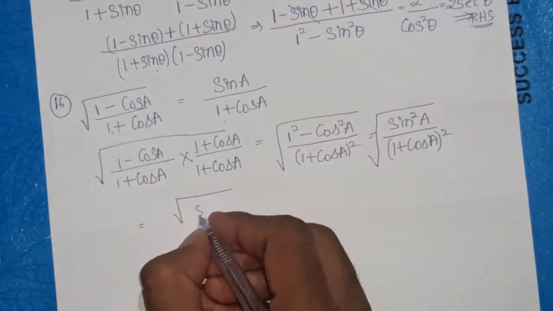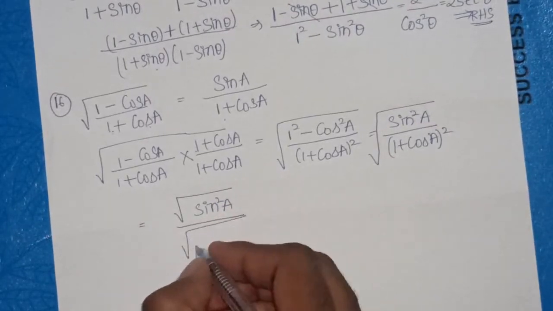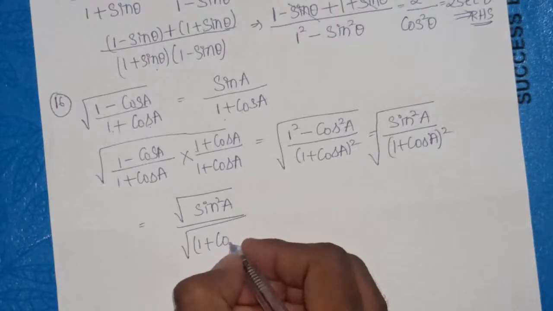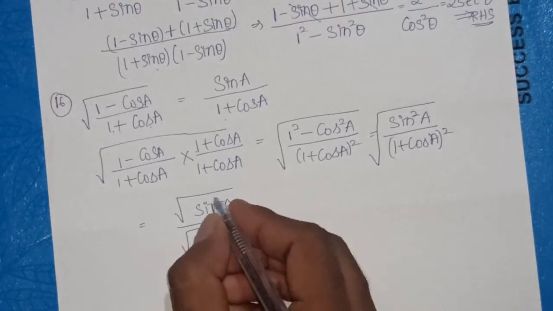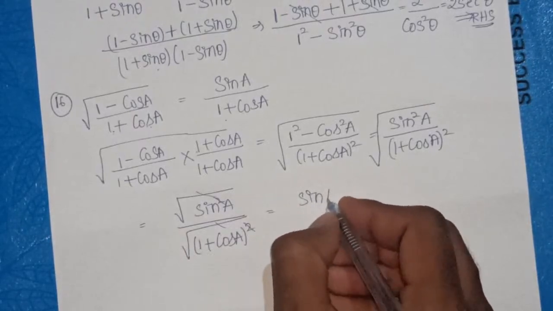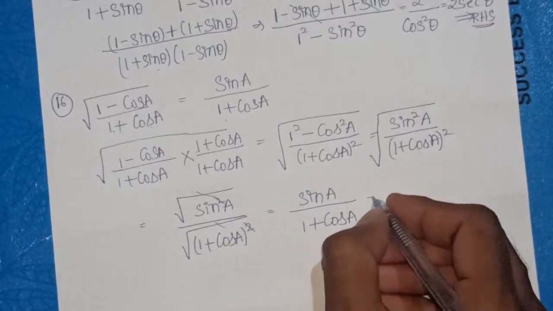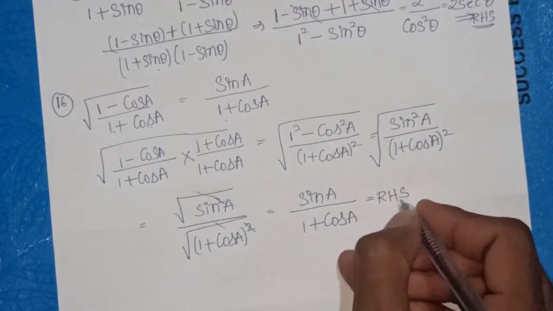Square root can be split to numerator and the denominator, and the square and square root can be cancelled out. That is sin A by 1 plus cos A, which is equal to our RHS.